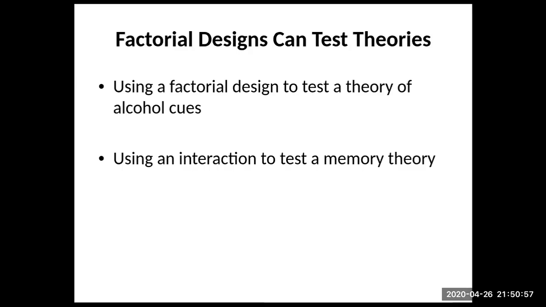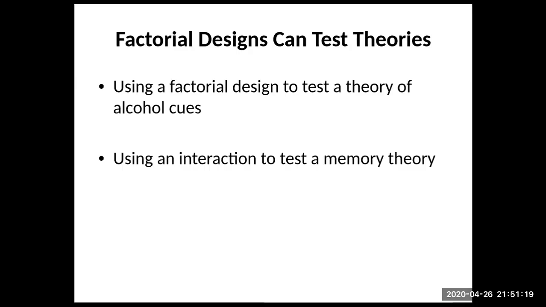And so we talked about things like lighter room versus darker room, distracting noise versus not distracting, jumbling the letters of the words versus not jumbling them, and seeing if that would have an additive effect or if it would sort of correct the deficit. And so this is sort of the idea with a factorial design.